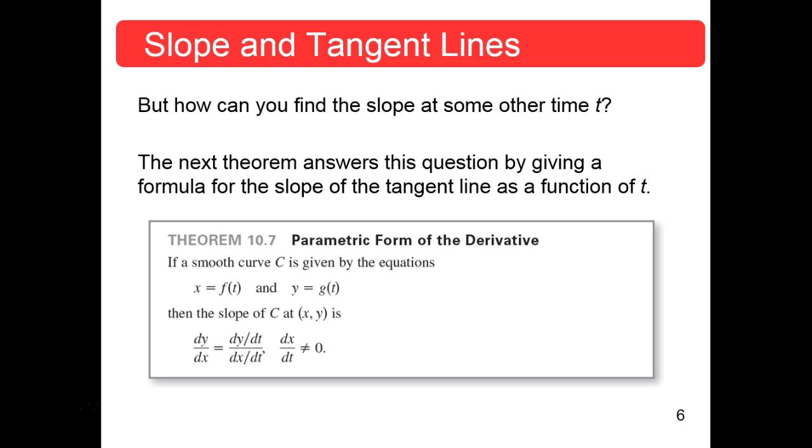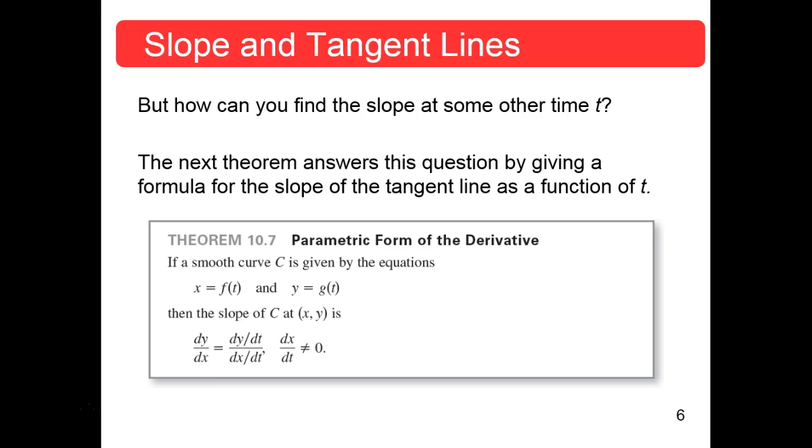And that gives you the slope dy/dx. dy/dt, easy to calculate if it's an agreeable function, divided by dx/dt, okay? As long as this is not 0.